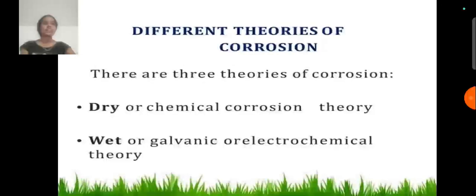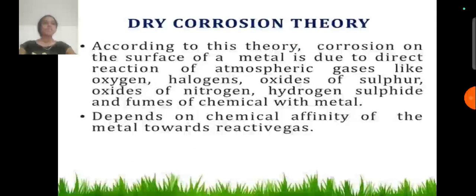And next, different theories of corrosion. There are 3 theories of corrosion. The first one is the dry or chemical corrosion theory, and the second one is the wet or galvanic or electrochemical theory. Let us discuss the first topic, the dry or chemical corrosion theory.